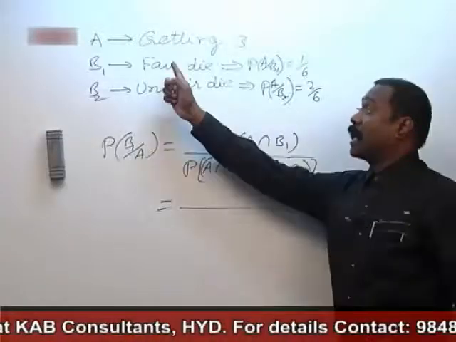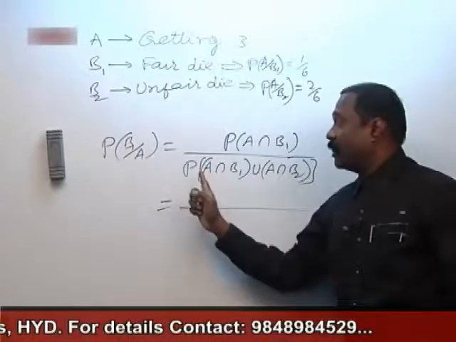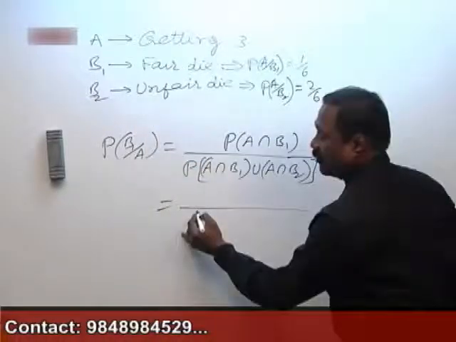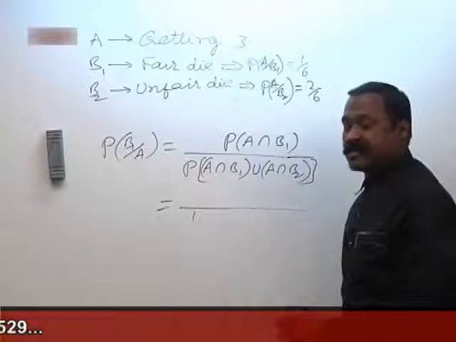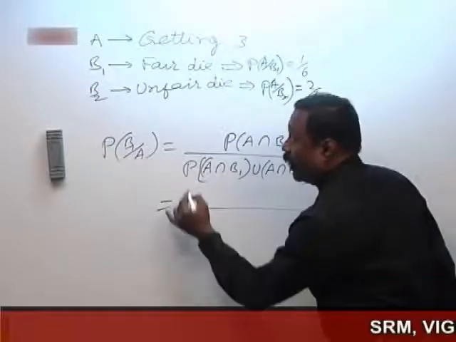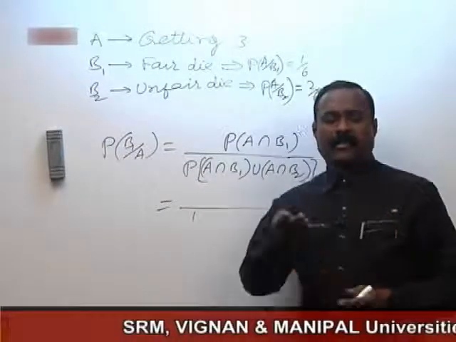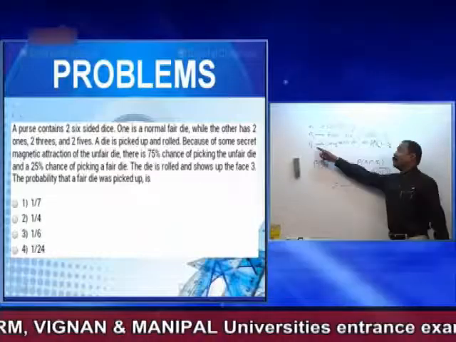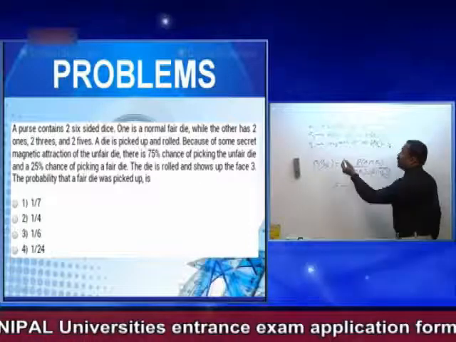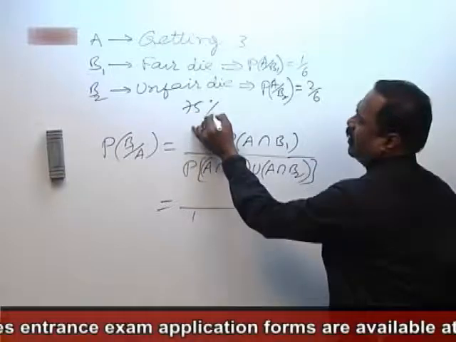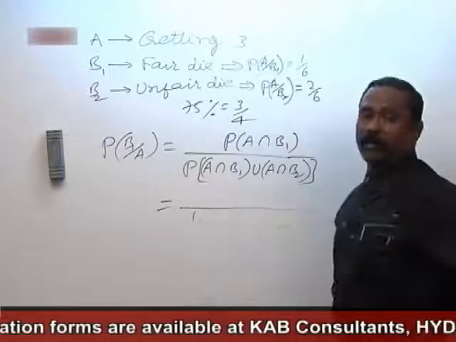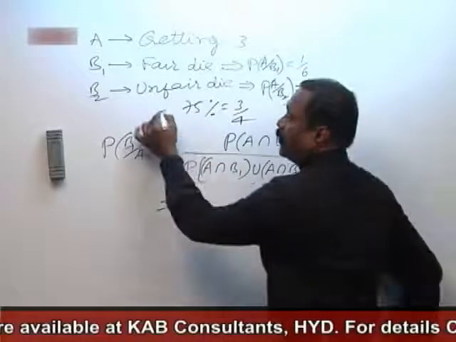Picking up the fair die. B1 is picking up the fair die. There are 75% chances to pick up B2. So 75% is nothing but 3 by 4 for B2.